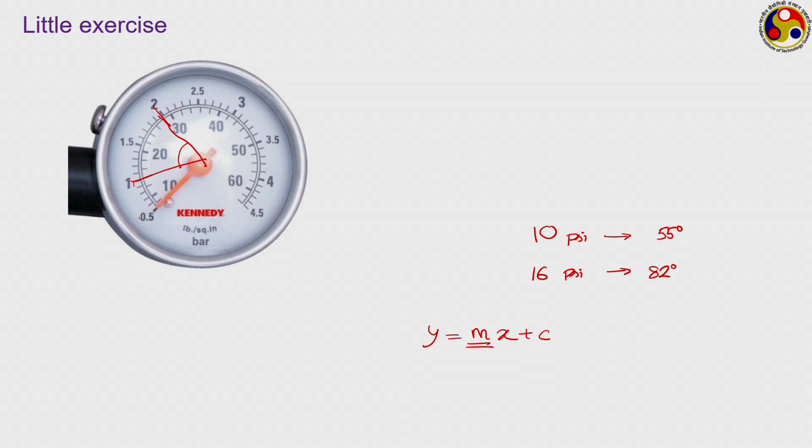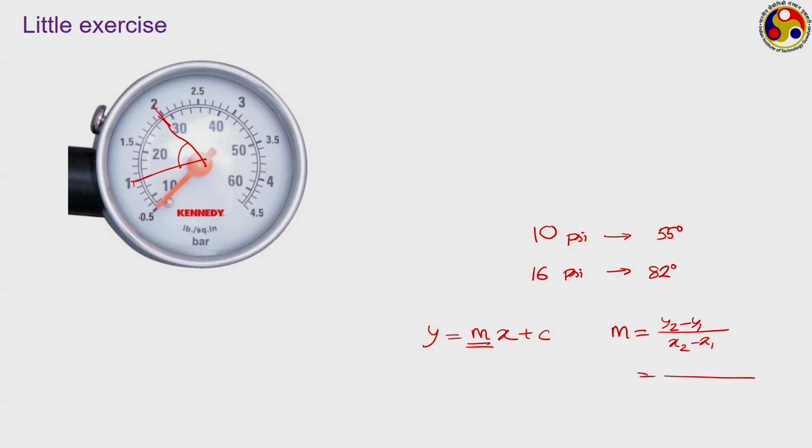So if we compare the given data with this form of equation, then we can clearly say that m can be taken as y2 minus y1 upon x2 minus x1.